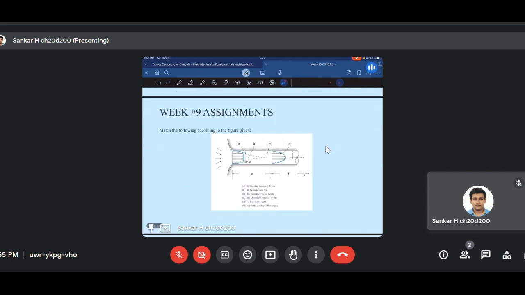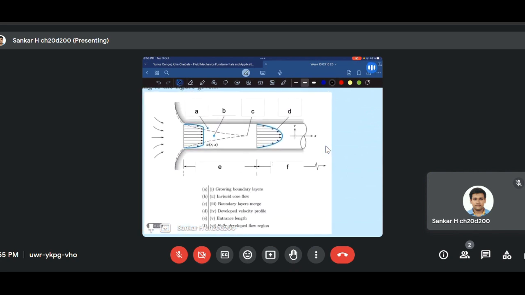Okay, we'll move on to the next, match the following question, where we are supposed to match each of these with the figures that are shown. So first we have to find out what the growing boundary layer is.